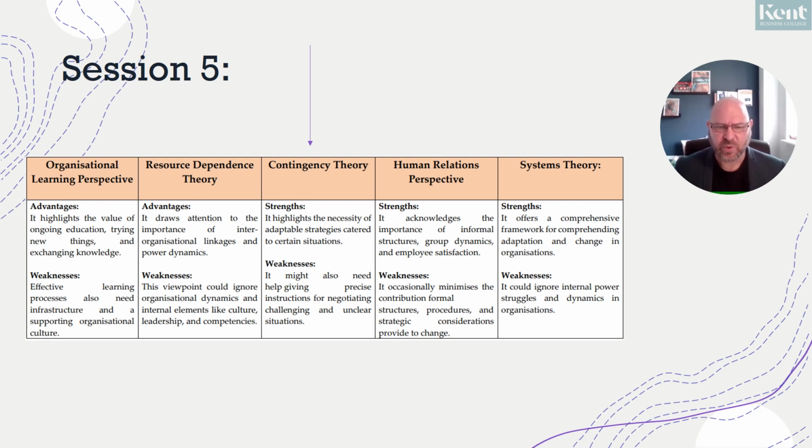In terms of resource dependence theory, this draws attention to the importance of inter-organizational links and power dynamics. So this could be the way in which departments link with each other, but also in terms of multinationals, how regions, functional divisions, etc. relate to each other, and how knowledge and abilities are shared across these.